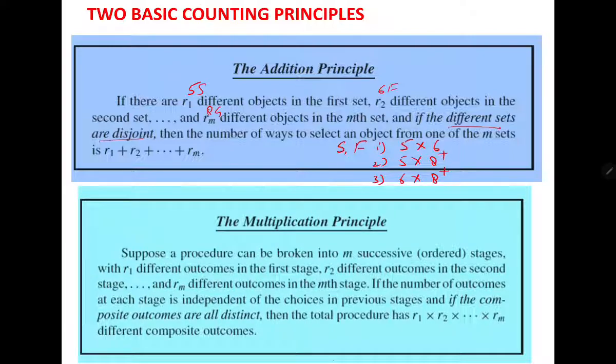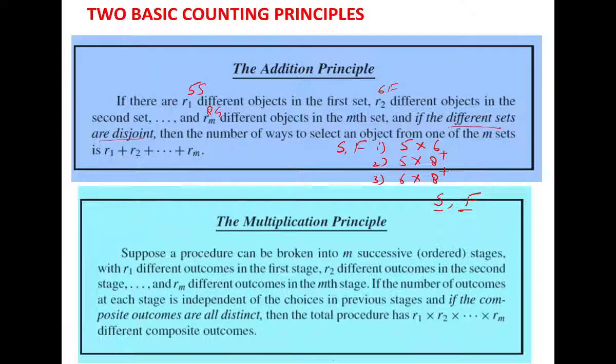The multiplication principle says that if a procedure is broken into m successive stages. Now what are the successive stages? For example, I have to pick a pair of books and I pick a Spanish book and a French book. So I break it into 2 steps. One is I pick a Spanish book and then I pick a French book.